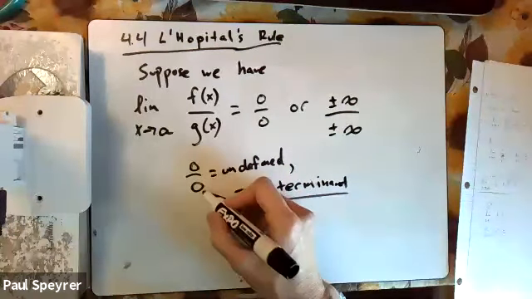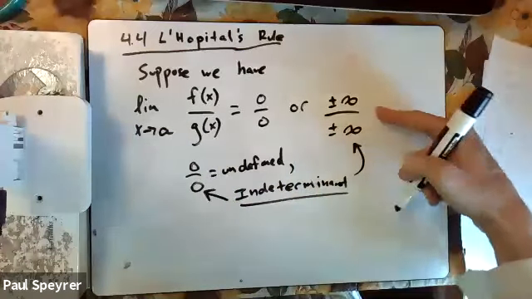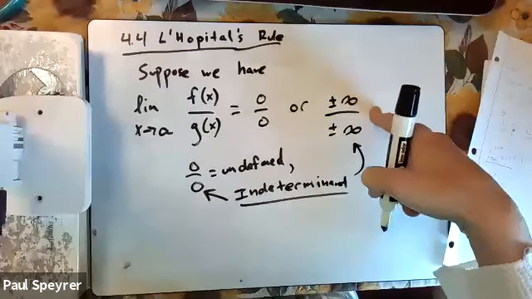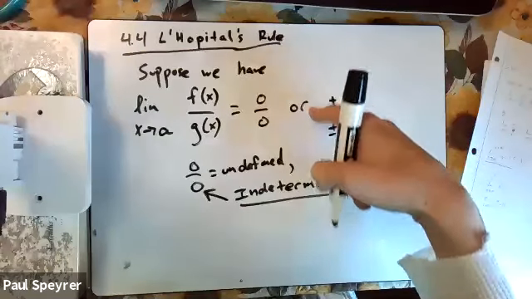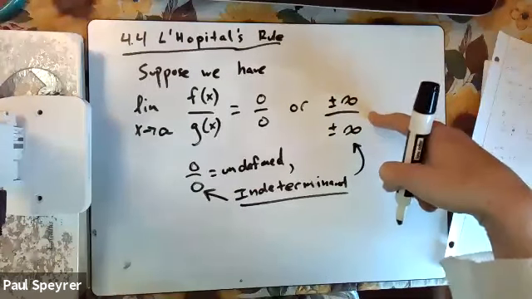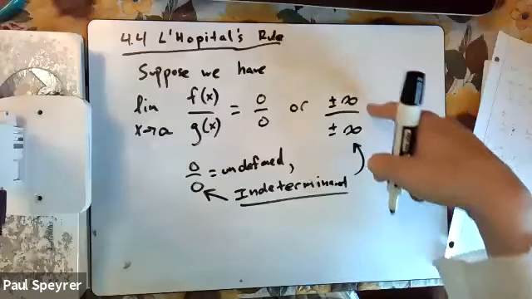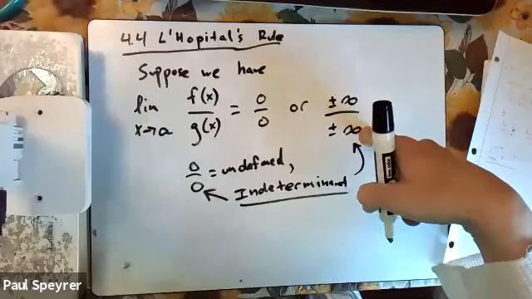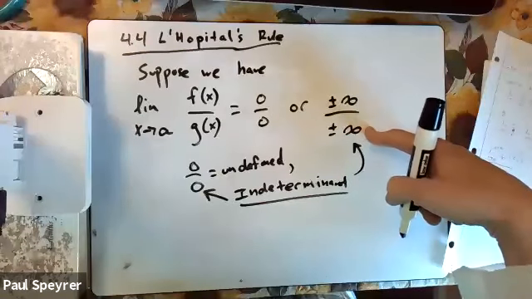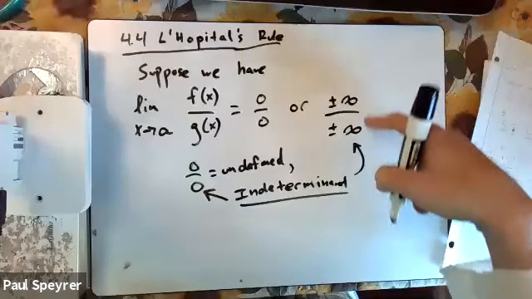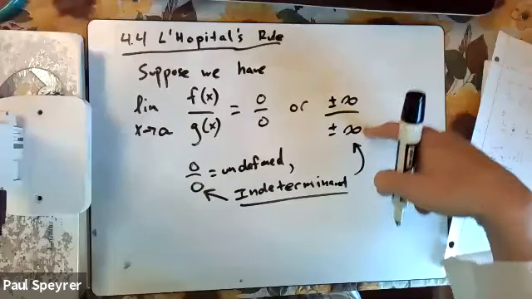So this is indeterminate form, and also infinity over infinity is also indeterminate form. And it doesn't matter if one's positive or one's negative, okay? The problem with this one is that, remember, no two infinities are equal. Infinity just means a really big number. So yeah, it's true, both of these could be infinity, but again, they're not equal.